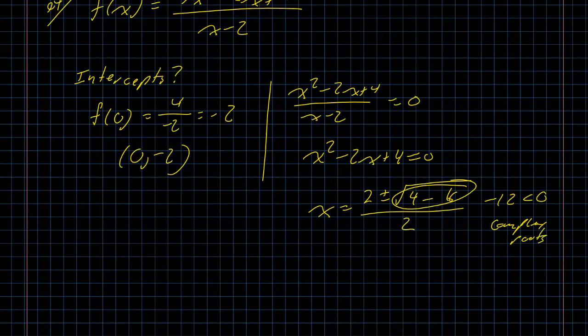But I get here that the discriminant is negative 12, which is less than 0, which means we have complex roots. We could solve and find the values of those complex roots if we thought it would be useful, but we're talking about graphing. So we're looking for points on a number line, and complex roots definitely do not appear on a real number line. So no other intercepts. We're done with that.